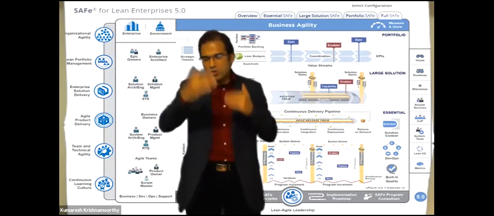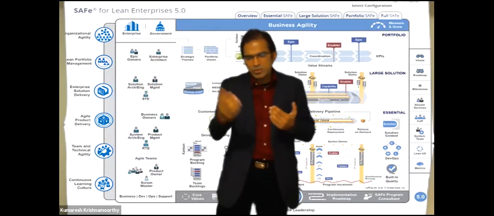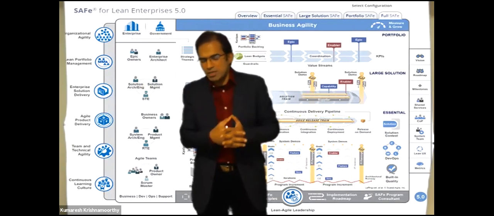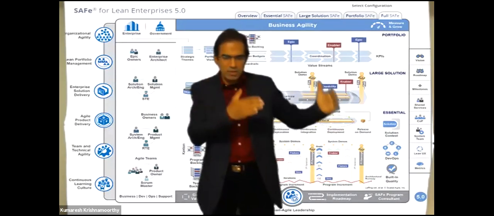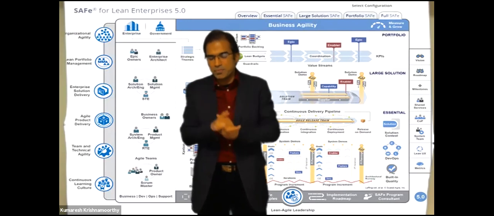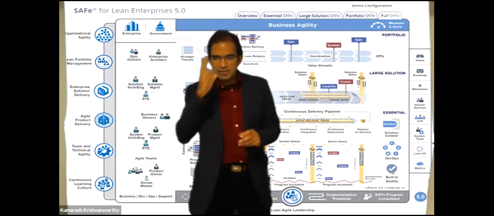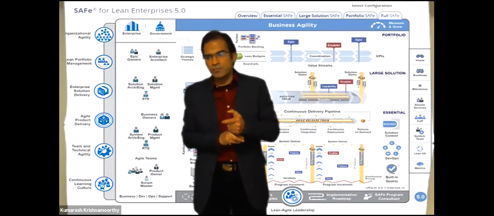They just have to know how much work needs to be done. So the infrastructure team could be one or two PIs ahead of the actual team, depending on the company, the design, and the existing architecture. Keeping that in mind, this is the second input which is required. Now, who owns the second input of architecture runway?